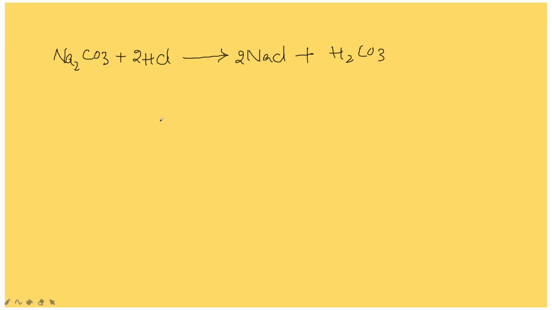In this reaction, sodium carbonate is a base and HCl is an acid. When base and acid are mixed, the exchange of ions takes place and a salt is formed. This is the neutralization reaction which we have already discussed in lower classes. So it is called an acid base reaction or neutralization reaction.